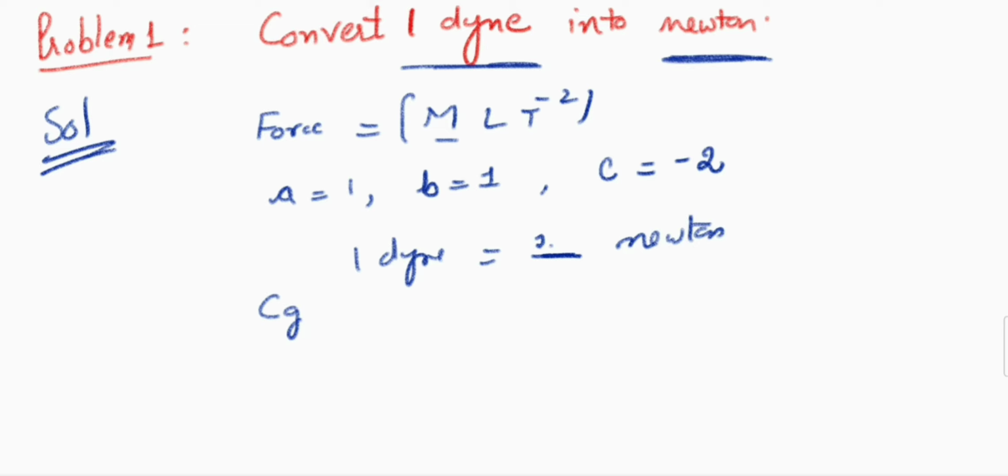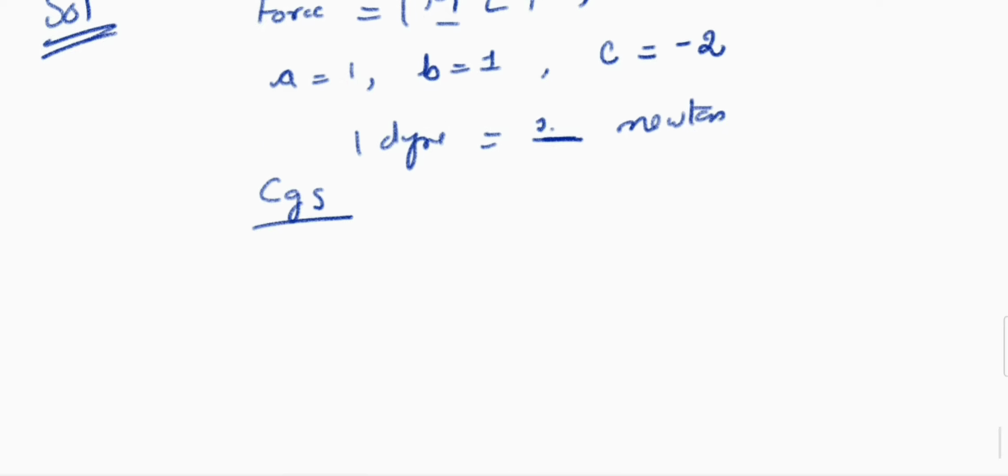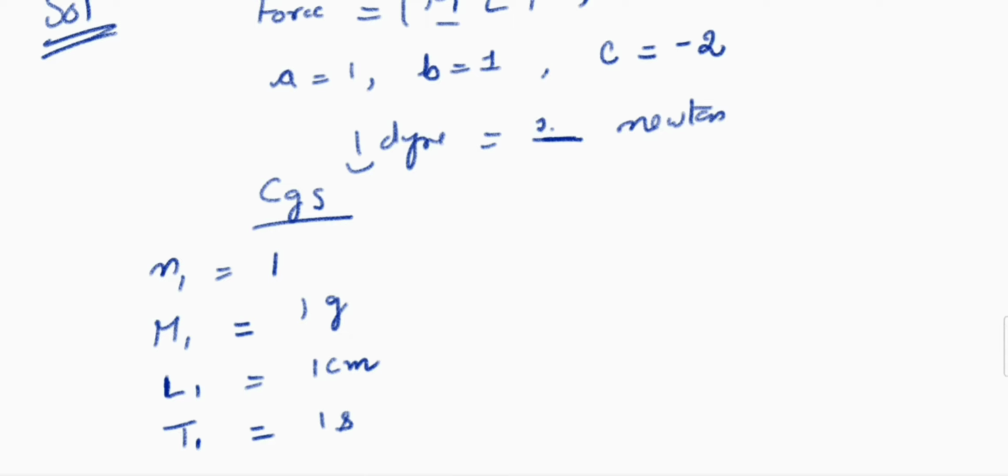So I can write here CGS system. In CGS system, n1 is equal to 1, m1 is 1 gram since mass is measured in grams, L1 is 1 centimeter since length is measured in centimeters, and time T1 is equal to 1 second.